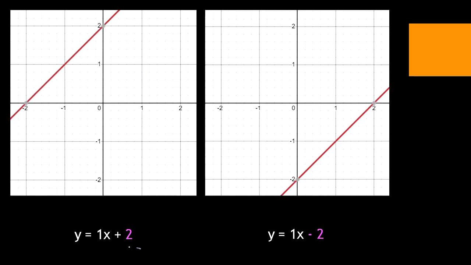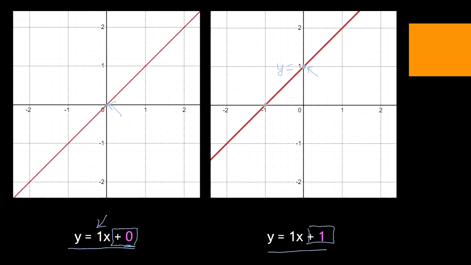Further, I can look at this equation, y equals 1x plus 2, the y-intercept is +2, and as this has increased, the graph has slightly shifted upwards in order for it to intercept the y-axis at y equals 2, right? Compare it with this one.